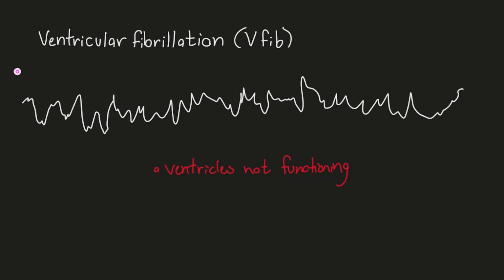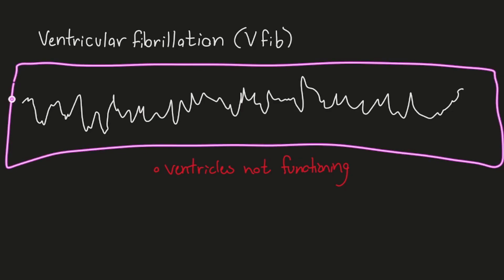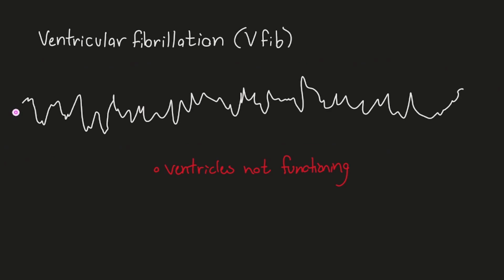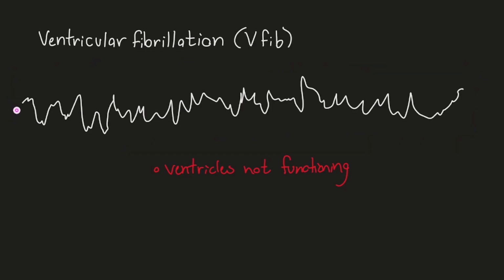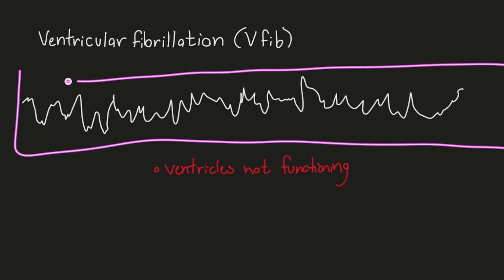There's an absence of normal waves, a chaotic rhythm, and alongside seeing a ventricular fibrillation, you will feel no pulse on the individual. But the EKG will show this high rate. But again, there will be no pulse to be felt. Now, this VFib is not a heart attack, but it can lead to one.